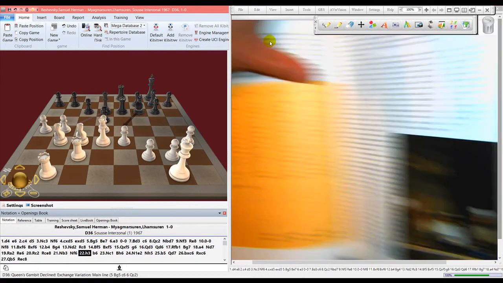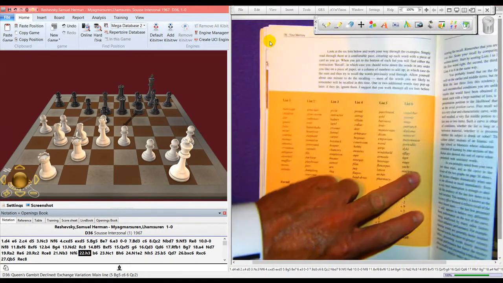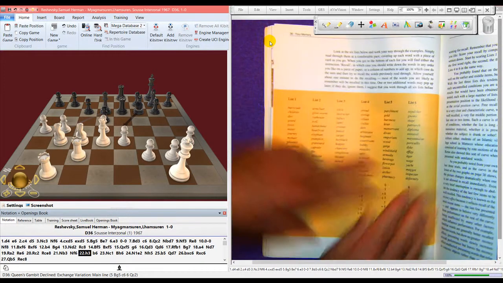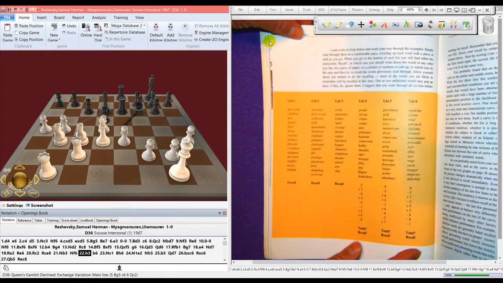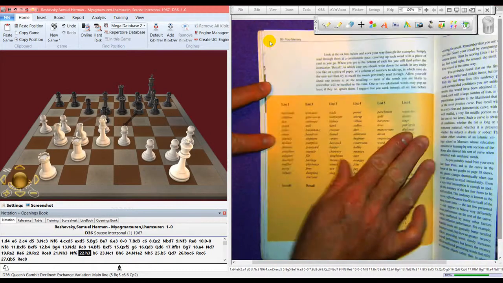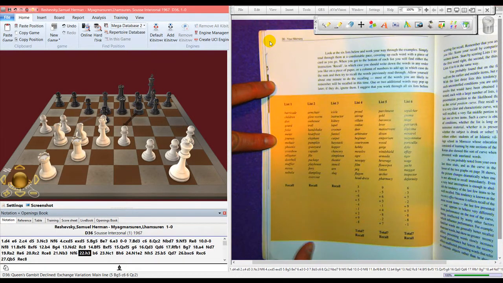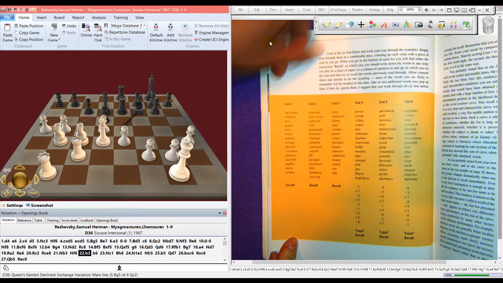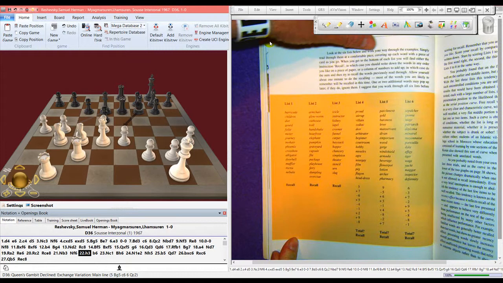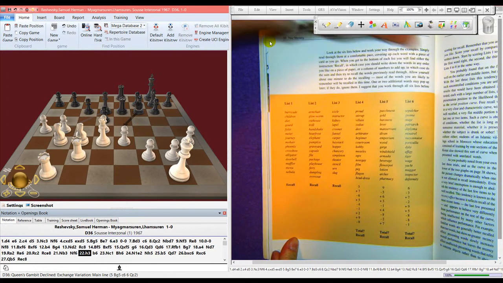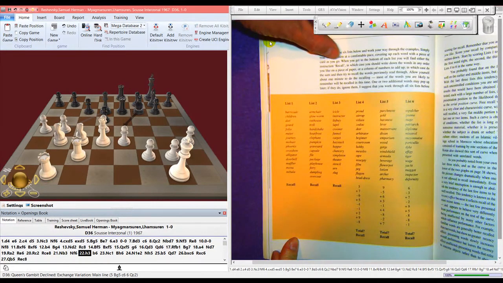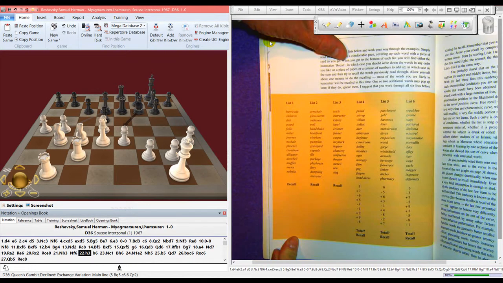Here's an example of one of the ways that they did it. It says here, look at the 6 lists below and work your way through the examples. Simply read through them at a comfortable pace, covering up each word with a piece of card as you go, or a piece of paper.